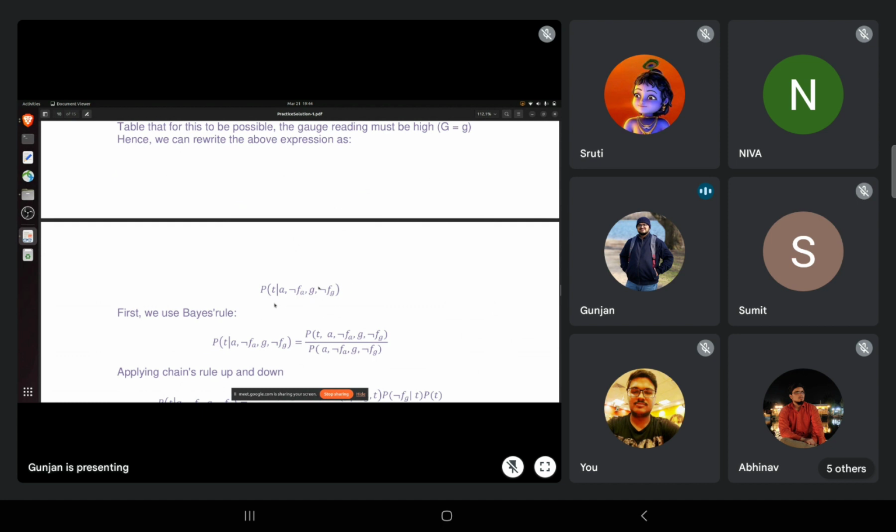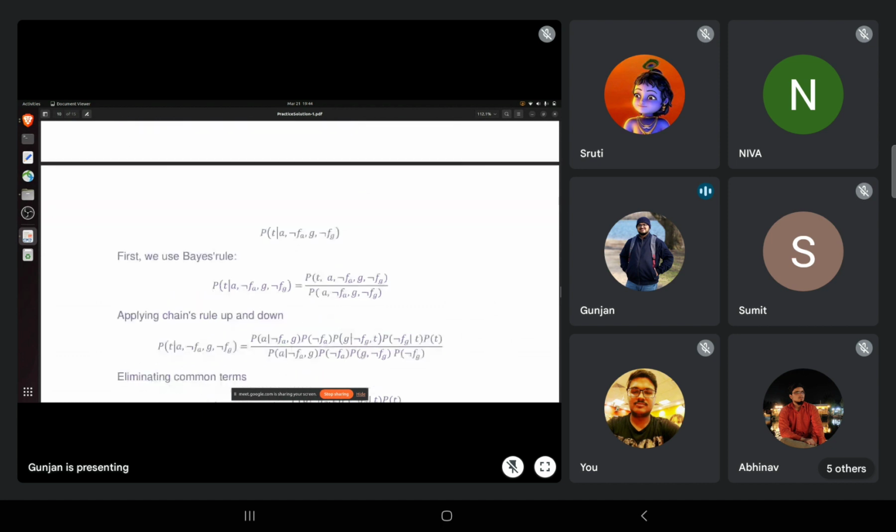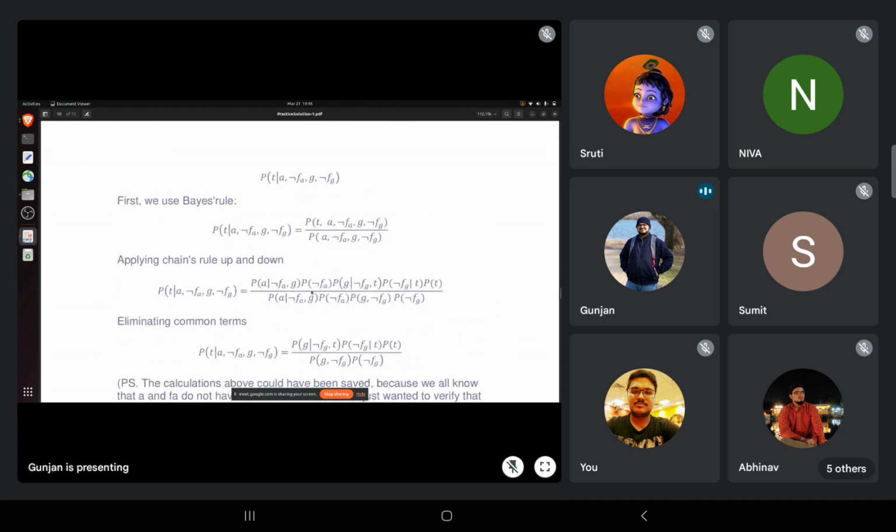And then we use Bayesian rule to simplify this. So from P of T conditioned on A, comma not FA, G, comma not FG, we will write it as P of T, comma A, comma not FA, comma. So this is the simple Bayesian rule expression. And then we club together the conditional independence things, right? So A is dependent on not FA and G. Not FA is an independent variable.